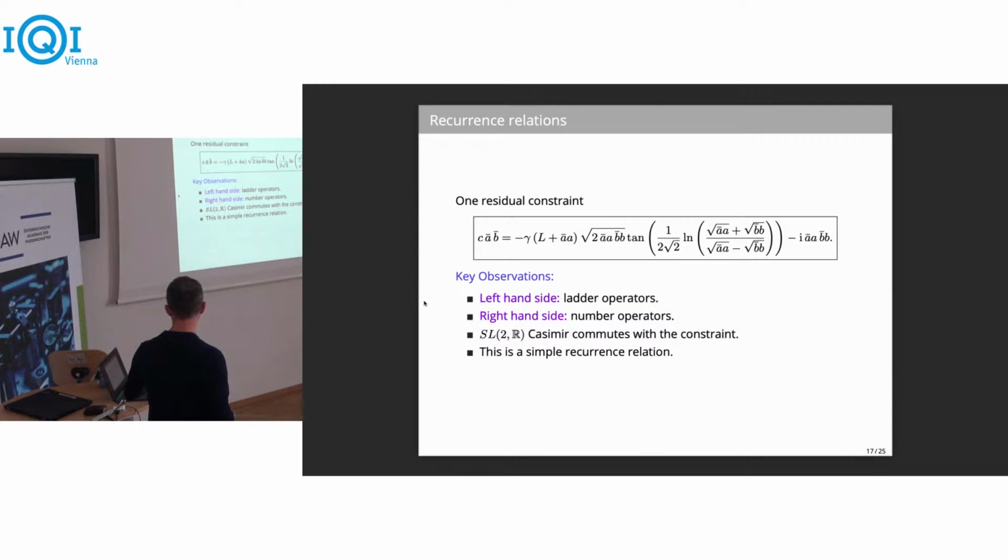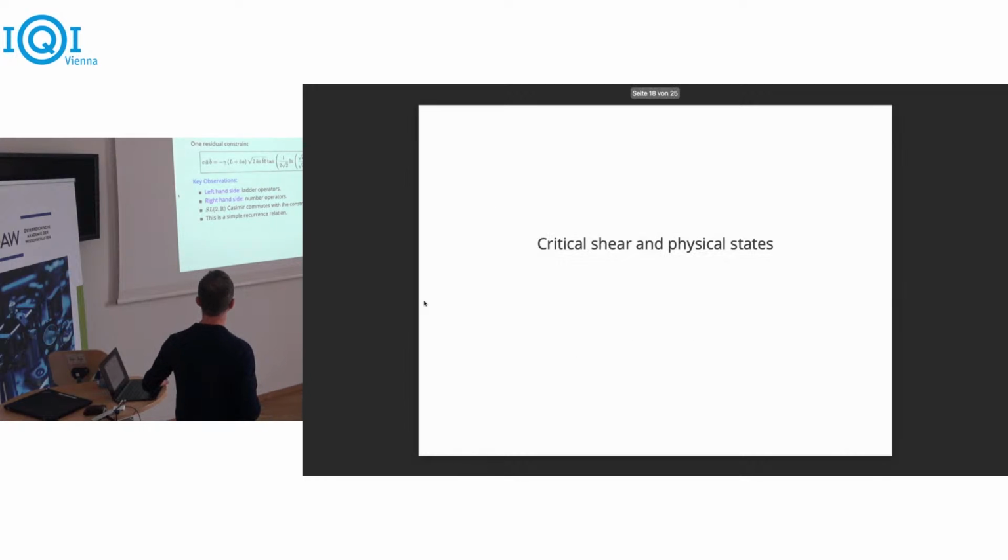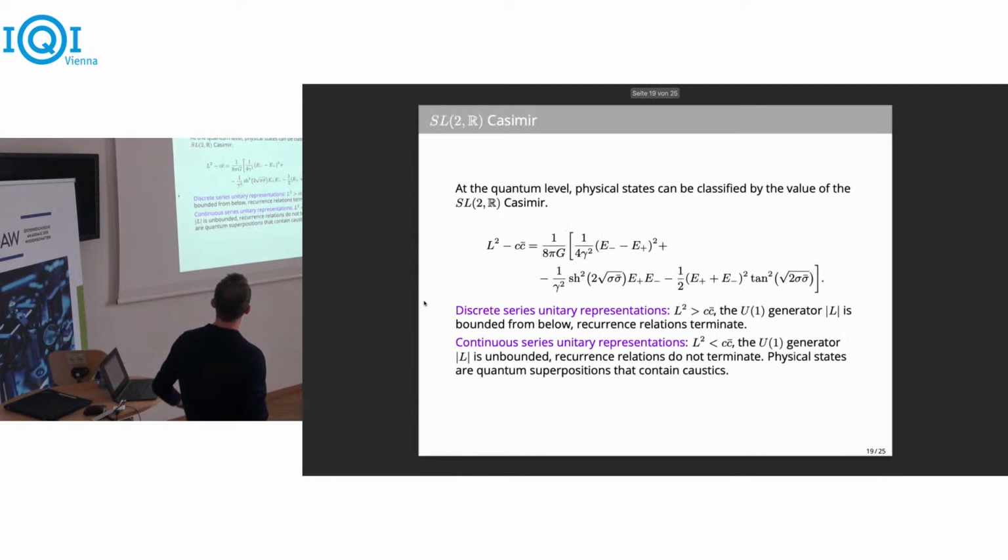What is also very nice to see is that we have to deal with the representation theory at the quantum level of SL2R. The representation theory of SL2R is characterized by its Casimir.